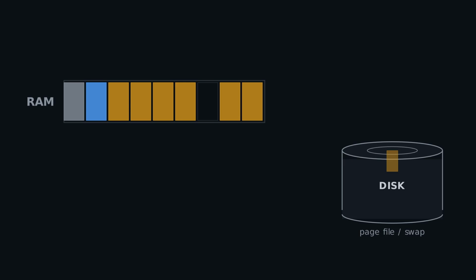And on a Mac or Linux, it's called a swap. Same idea. Disk becomes an overflow bin for memory. Now, that page's spot in RAM is free, and the OS hands it to whoever needs it. This is the trick that lets RAM feel bottomless. It isn't. It's just quietly borrowing space from a disk that's hundreds of times bigger.